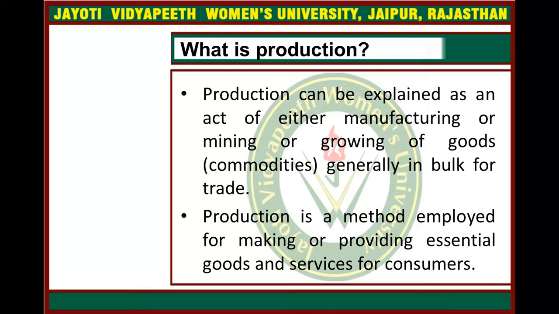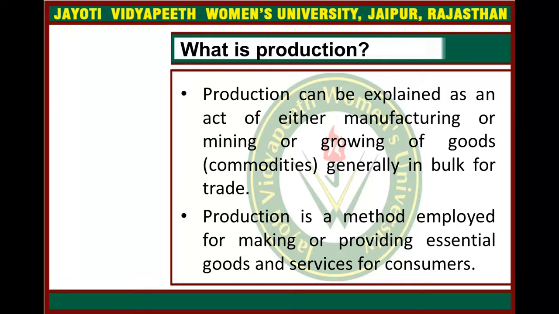Now come to what is production. As we all know about production, if we input something and we get the output, then if we are talking about an organization or a factory or an industry, of course there is a concept of production, so that we can say that the factories produce the outcome in form of product.